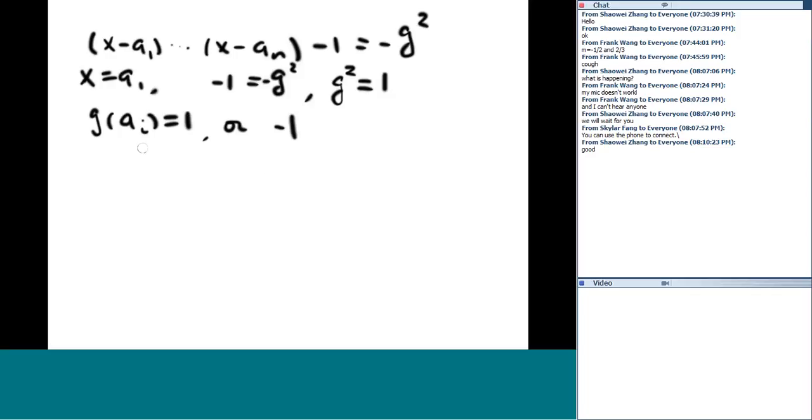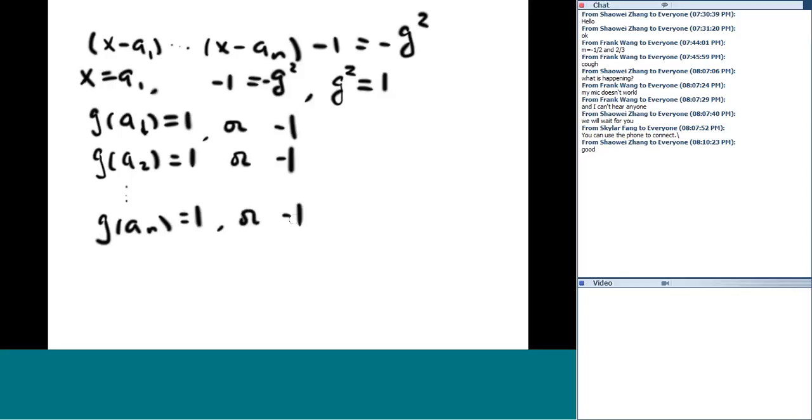Probably I should say g(a1) equals 1 or minus 1, then g(a2) equals 1 or minus 1, then till g(an) equals 1 or minus 1. Because n must be even, by the way, otherwise it will not work, right?